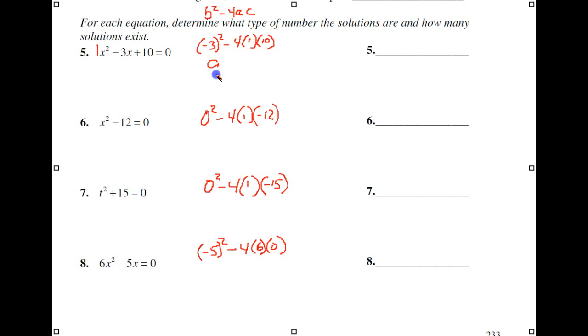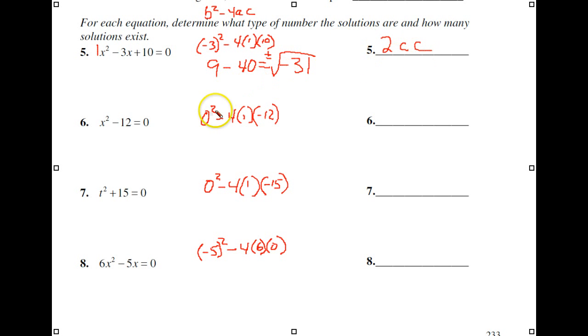So this goes 9 minus 40 equals a -31. So keep in mind, this is under the radical. So what type of answers are you going to get? Well, you're going to get complex conjugates. And how many will you get? Well, because this is plus or minus, you're going to get 2 complex conjugates.